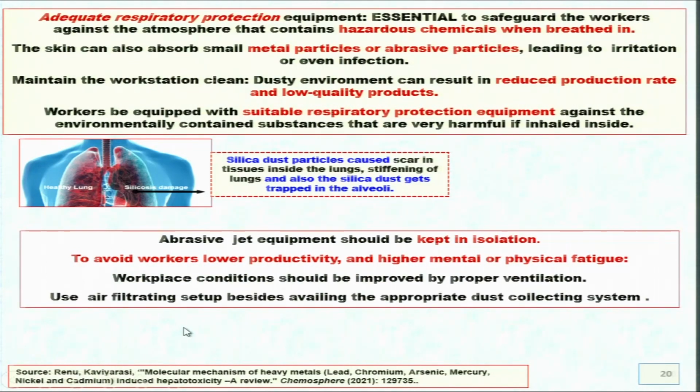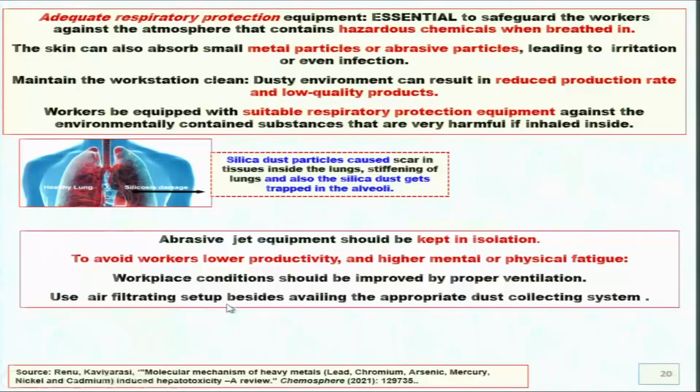Otherwise your whole activity may not serve to the extent you are intending. Air filtering setup, besides availing the appropriate dust collecting, this is very important. Proper efficient filtration should be there before you are exiting this polluted air into the environment.